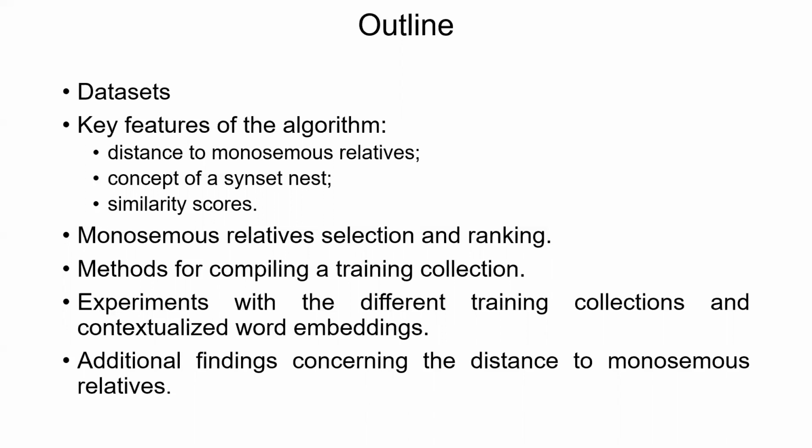Next, we will present a step-by-step description of the monosemous relative selection and ranking algorithm. Then we will overview our methods of compiling training collections. Following this, we will demonstrate the results of our experiments with the different training collections and contextualized word embeddings. And finally, we will show the additional findings concerning the distance to monosemous relatives.